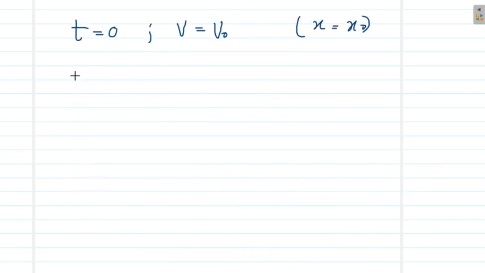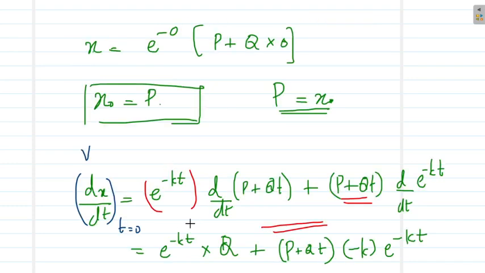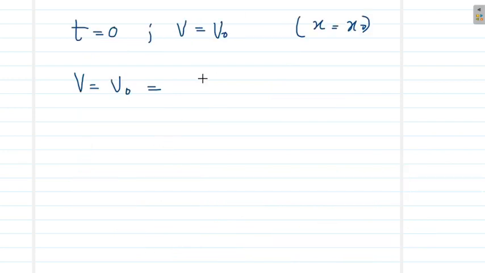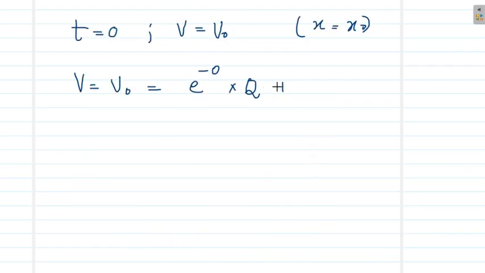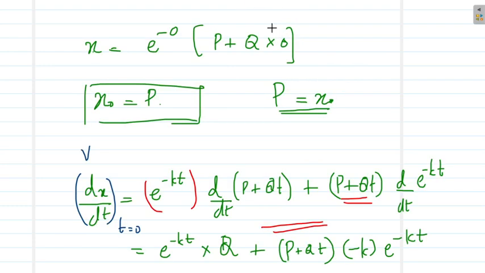So at t equal to 0, velocity is v0, which is equal to this term with t equal to 0. The first term is e raised to minus 0 multiplied by q. Then again here substitute t equal to 0, which is p into minus k into e raised to minus 0.